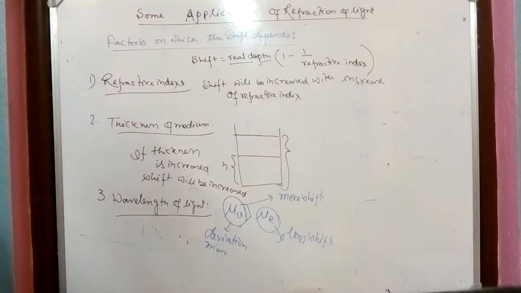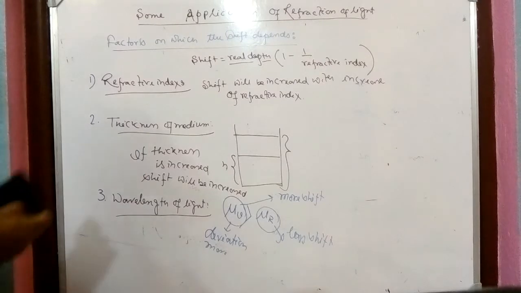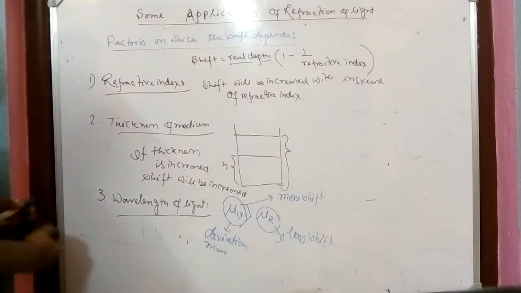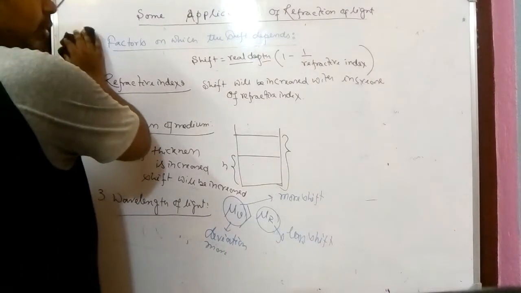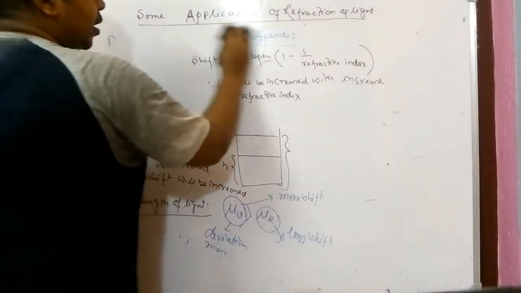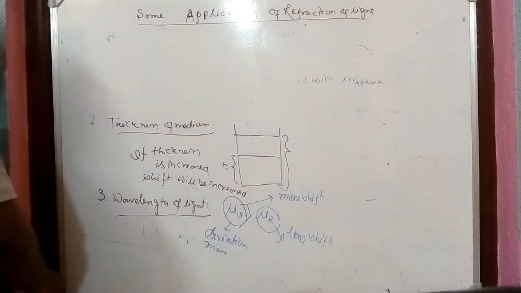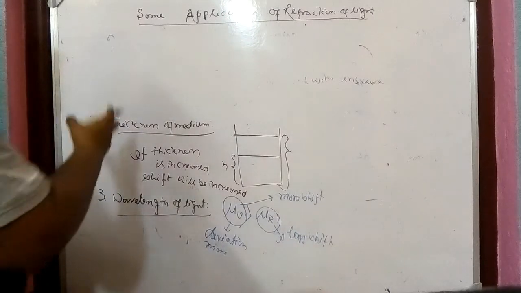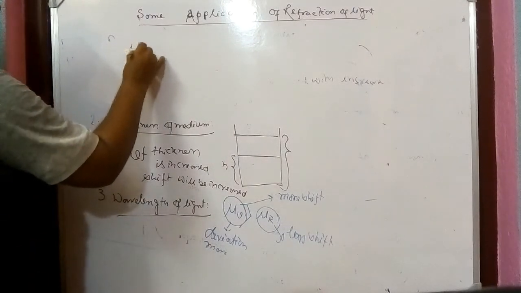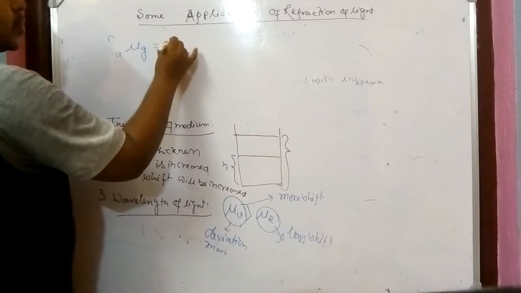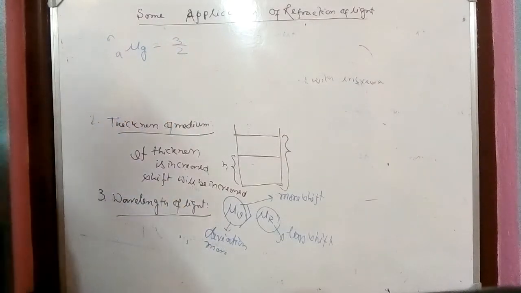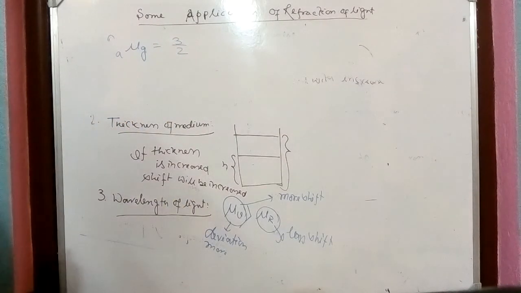Okay, apart from this, some interesting questions are discussed in your book, so that's also I have discussed here. The question is, if the refractive index of glass with respect to air is 3 by 2, then what will happen if I see the glass slab at an angle?